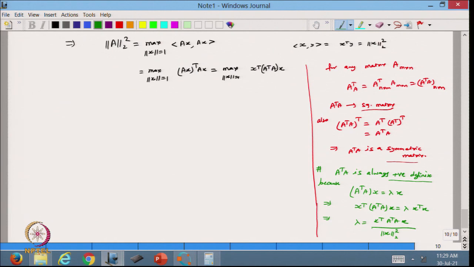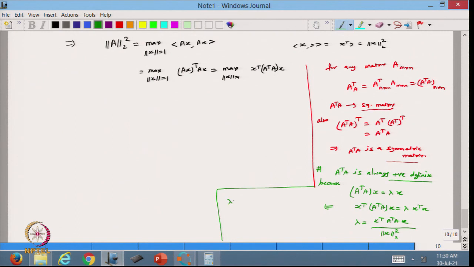Now, this is the norm. Suppose I take all the x whose magnitude is 1, so the denominator can be removed.